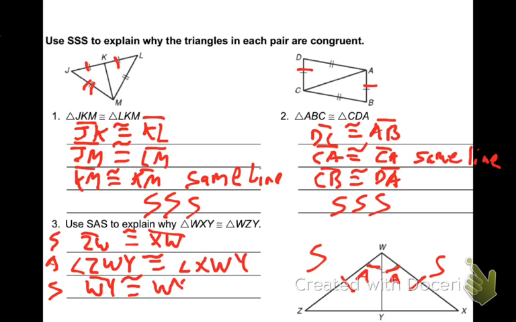Nice job. So that is an example of SAS. And if you look again, these are included angles because the angle is in between the sides. That's okay. It's the same thing.